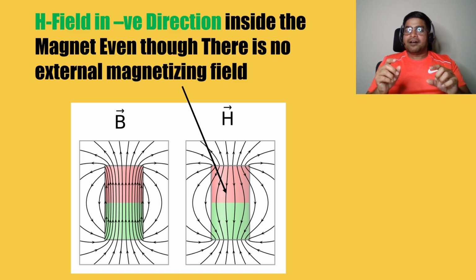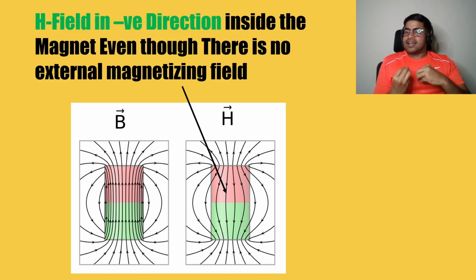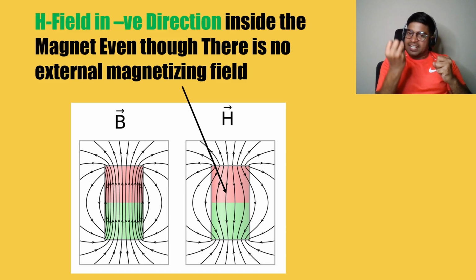Let's say you have a magnet kept in the air, though you are not applying any external field, still you will see an H value going north to south inside the magnet, and outside the magnet it will be aligned towards the B field. And I want you to know why it is happening, why the H field is getting generated though I am not applying any external field. In other words, the material itself is generating a demagnetization field intensity, and I wanted to know the reason behind this.